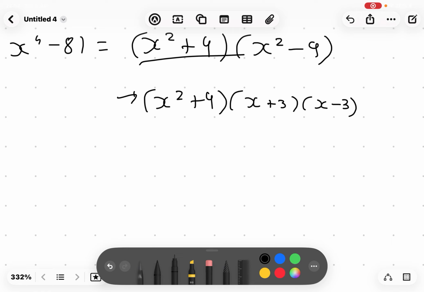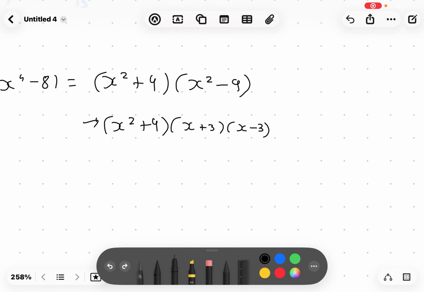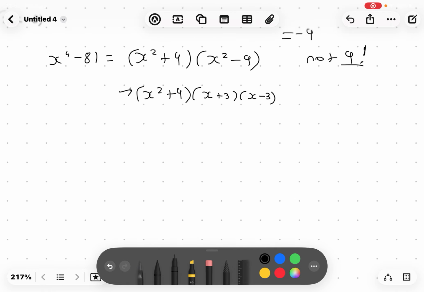The reason we didn't do anything with this 9 is because there's no difference. You kind of think of it like this: when you would expand it, 3 times 3 equals 9, not negative 9, and we need a negative 9.